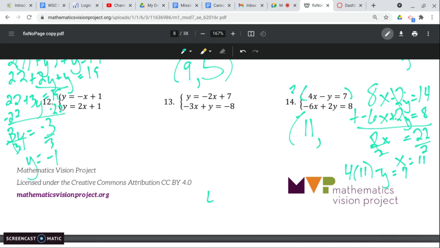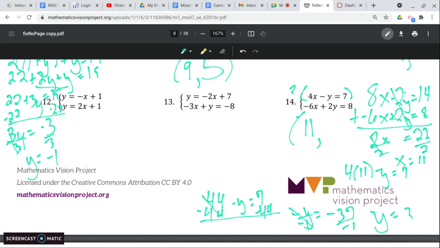So I've got 44 minus y equals 7. We subtract the 44. So negative y equals negative 37. Divide by negative 1. So y equals a positive 37. So my answer here is 37.